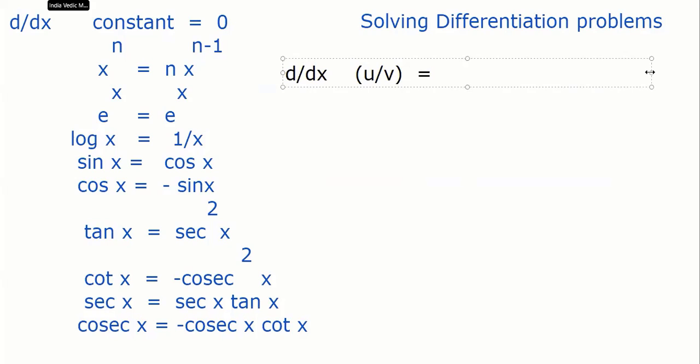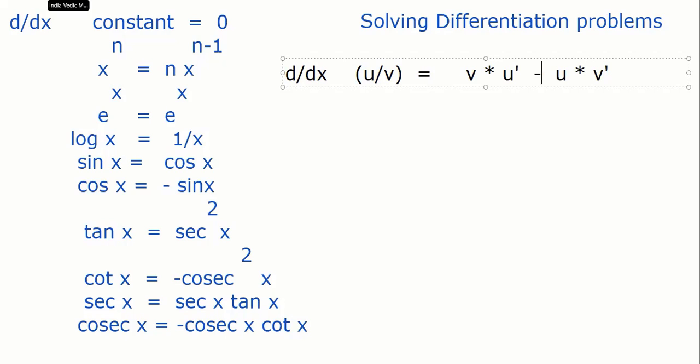Very easy. But be very careful. What you do is, first you do v times u dash minus u times v dash.